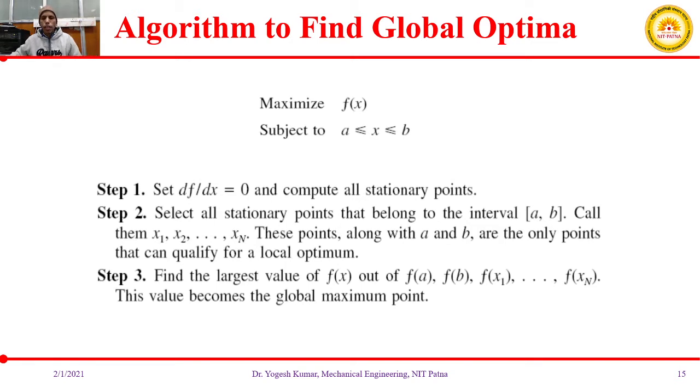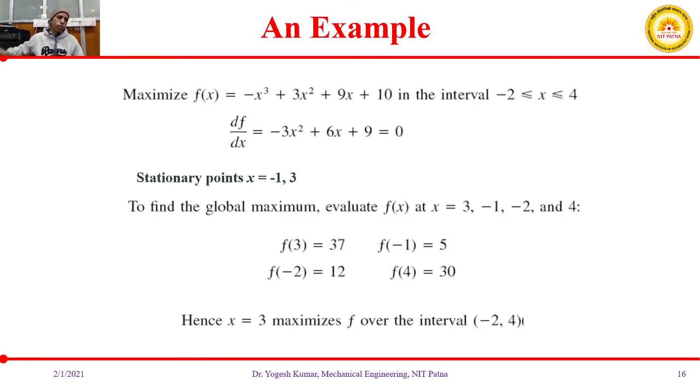Let us take one example for more clarity. We are supposed to maximize the function f(x) equal to minus x cubed plus 3x squared plus 9x plus 10, and the given interval is minus 2 to 4.